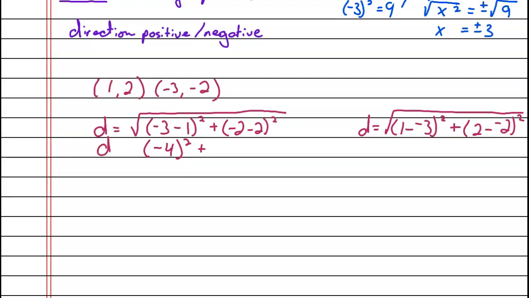This is still equal to my distance, but it's no longer equal to this right here. These are equivalent statements. So they are equivalent, but they are not equal statements.